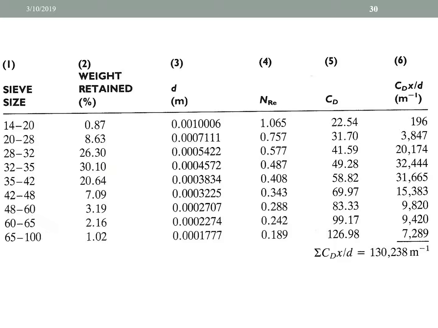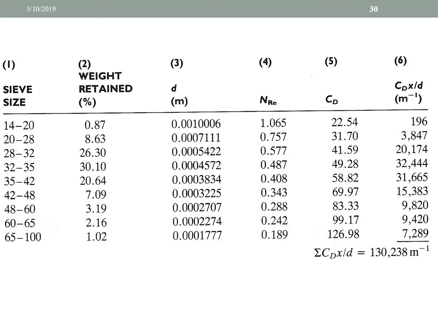Column number 5, that is CD, the coefficient of drag. And the last column at the right is based on CD times X over D. CD you have from column number 5. X will be percent retained, so from column 2, divided by D, which is the diameter, column number 3.